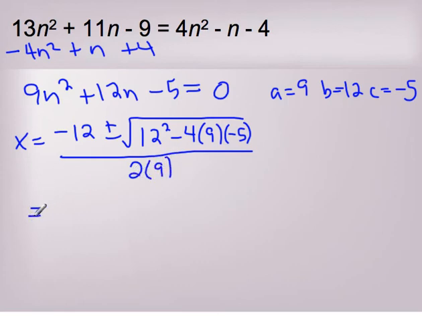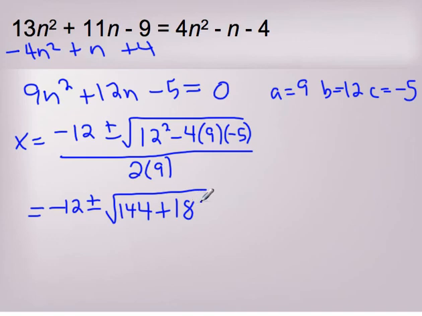Continuing on, negative 12 plus or minus the square root of 144, and this is going to be plus this time, and then we have 36 times 5, which is 180. 4 times 9 is 36, times 5 is 180, all over 18.